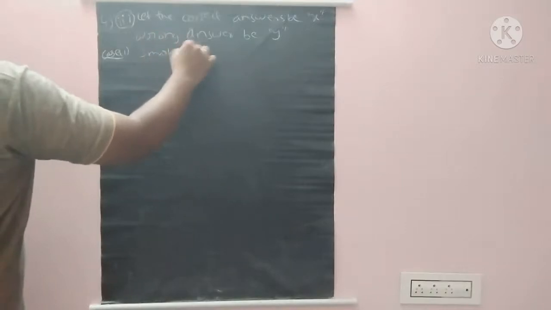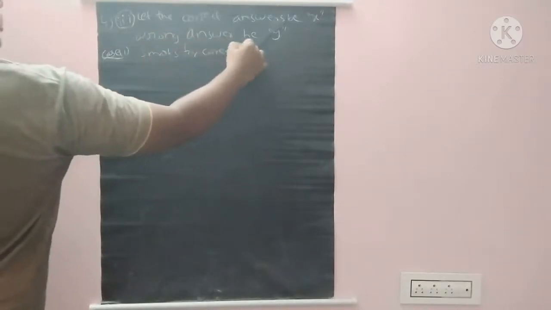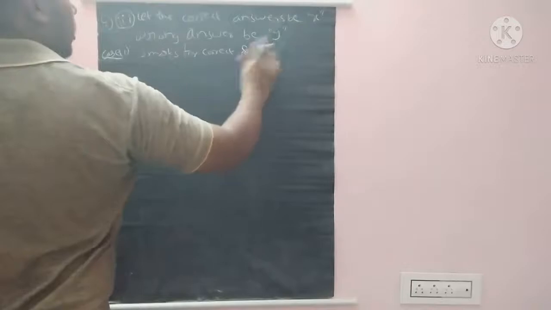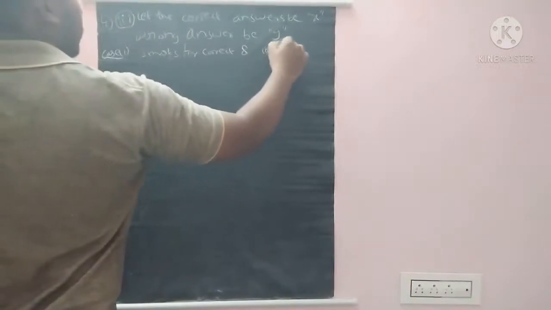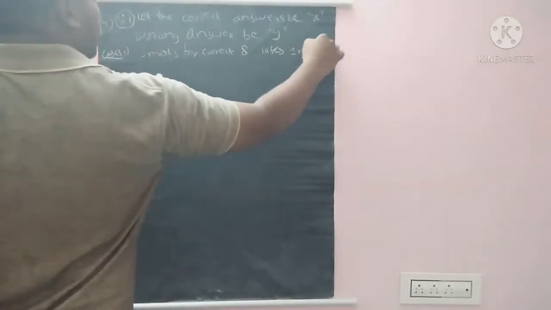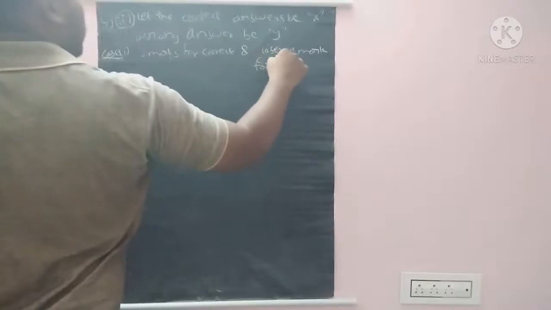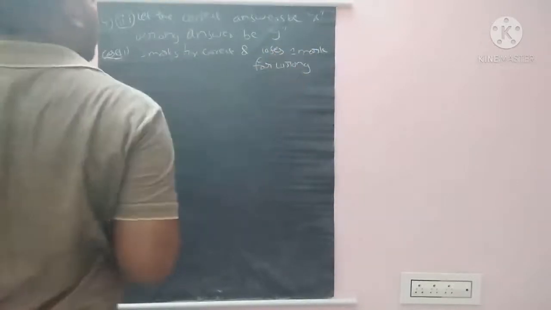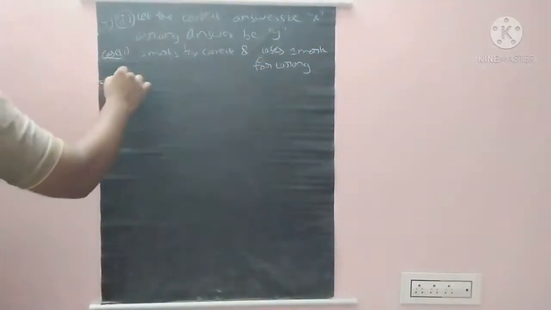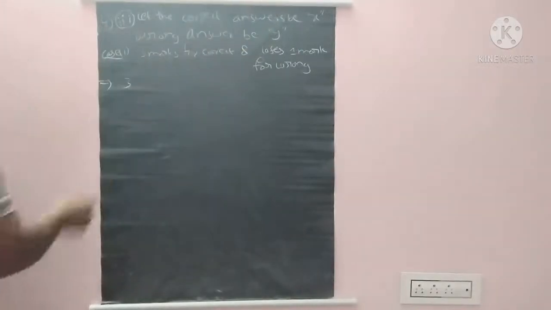3 marks for correct and 1 mark loses for wrong. So that implies if he answered X questions correct, in total he will get 3X marks.